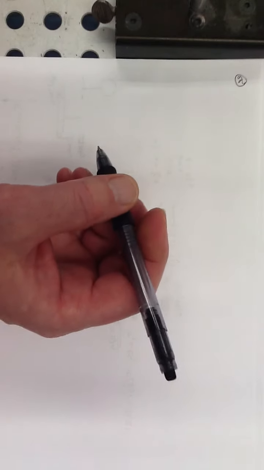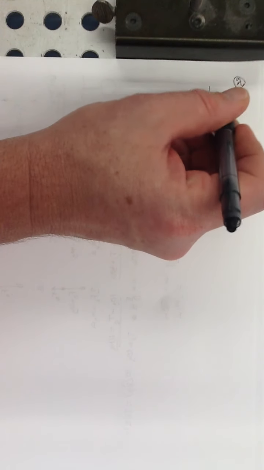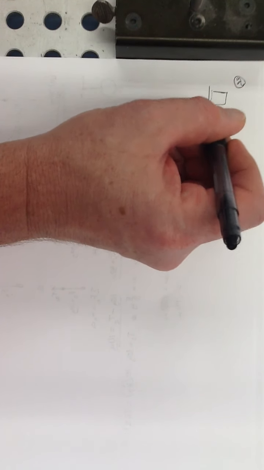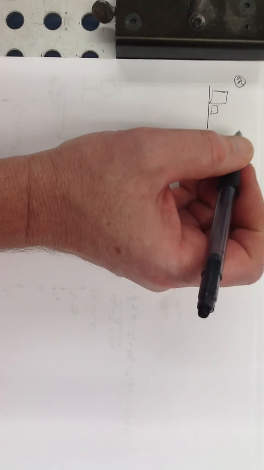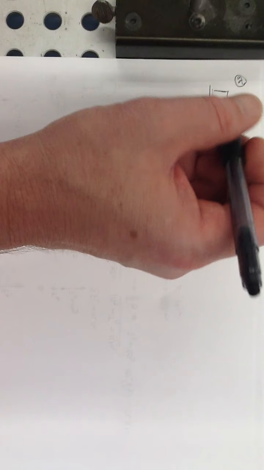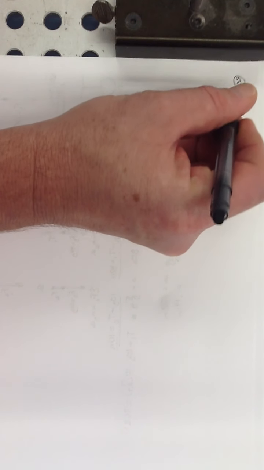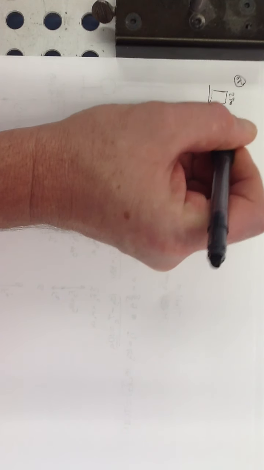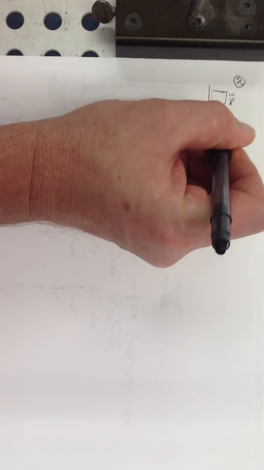Two blocks are in contact on a frictionless table. Why wouldn't they be? Like this. And let's see, what are the details? The mass of block 1 is 2.3 kilograms. The little one is 1.2 kilograms.